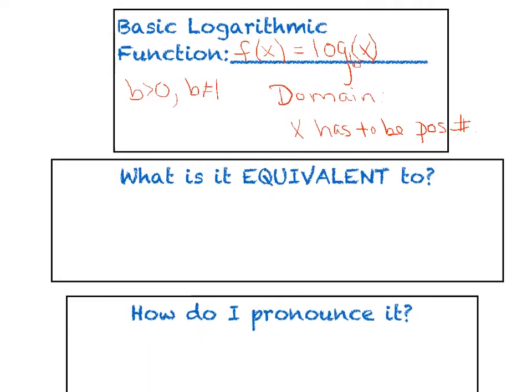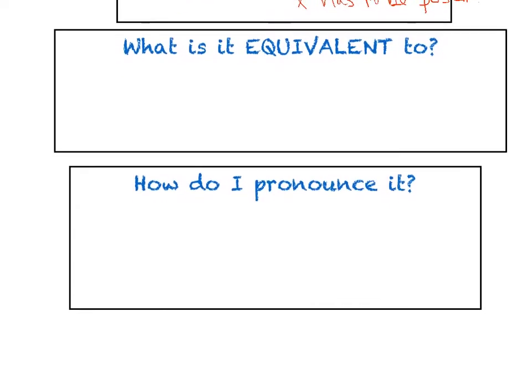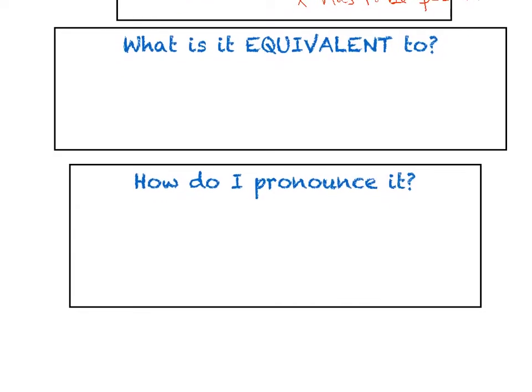Now, as far as what is that equivalent to, we talked about the other day that every log function could be converted to an equivalent exponential function. We're just translating from one language to another. So when we said that y was equal to log base b of x, we could say that that is equivalent, and I like to use this double arrow to show that it's a two-way street.